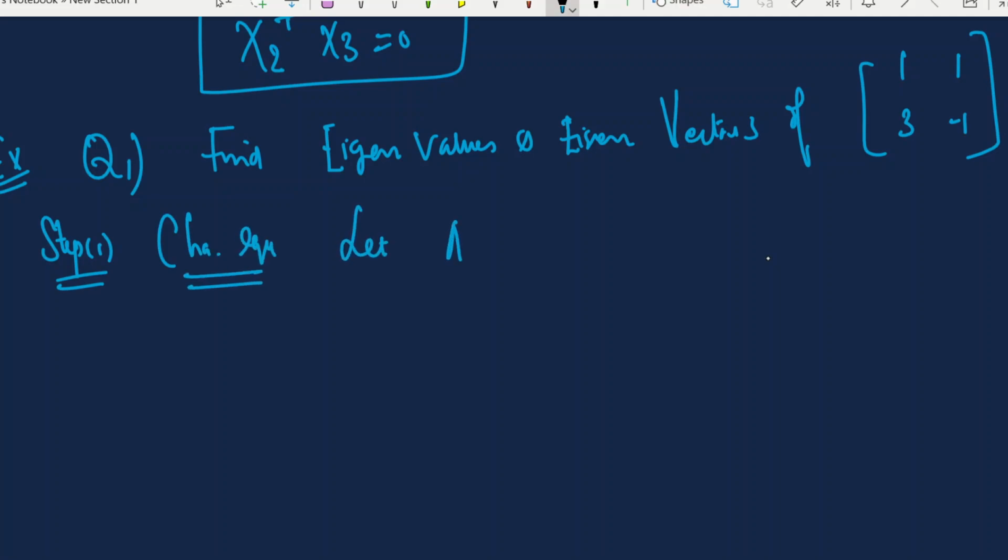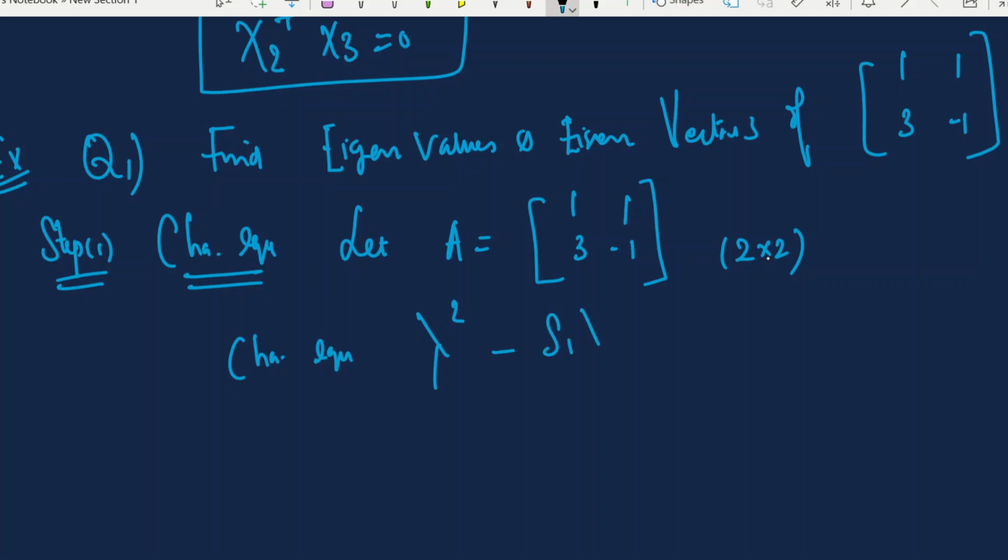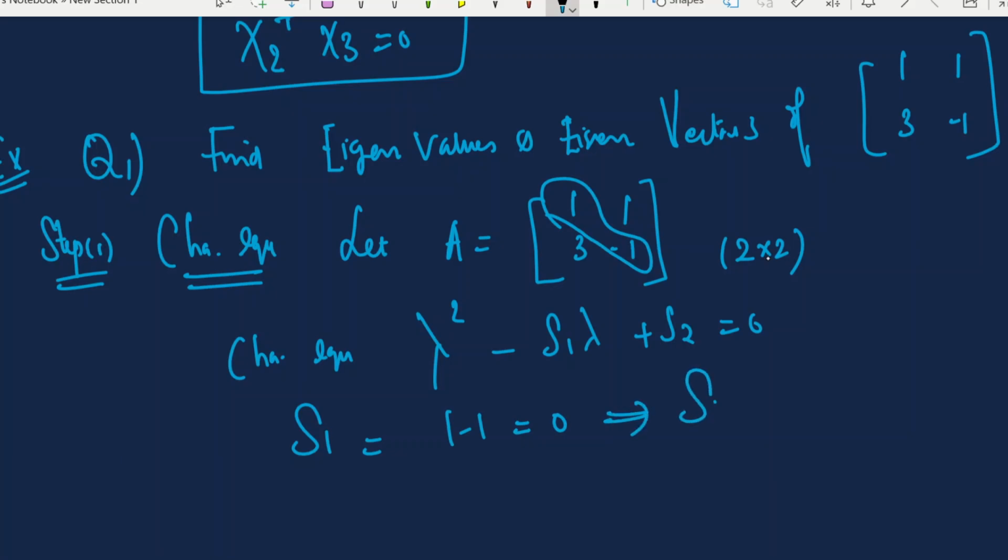First name your matrix as A. This is of order 2 cross 2. For a 2 cross 2 matrix, the characteristic equation is lambda square minus S1 lambda plus S2 equals 0. S1 is the sum of leading diagonal elements, 1 minus 1 is 0. S1 value is 0.